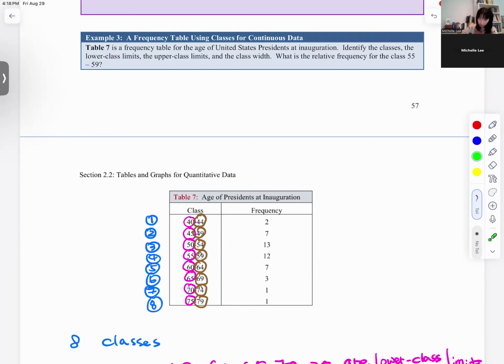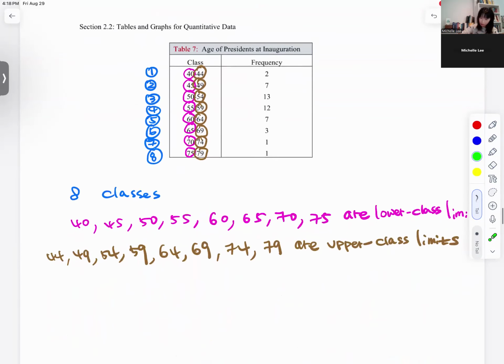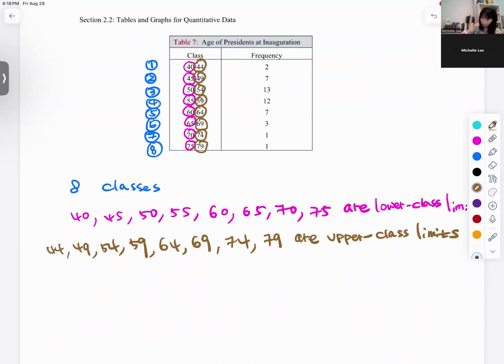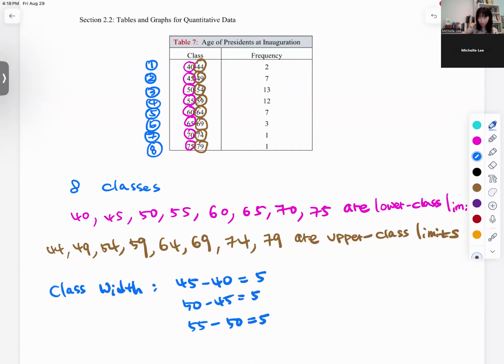So let's take the difference. For class width, 45 minus 40 is 5, right? 50 minus 45 is also 5. And 55 minus 50 is also 5. So we can check that.